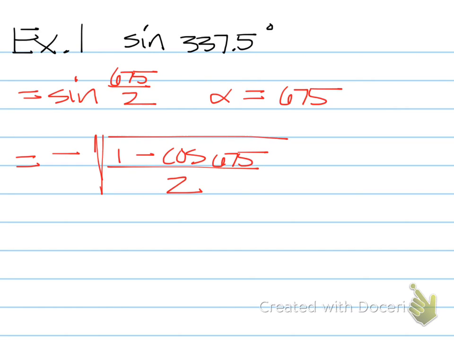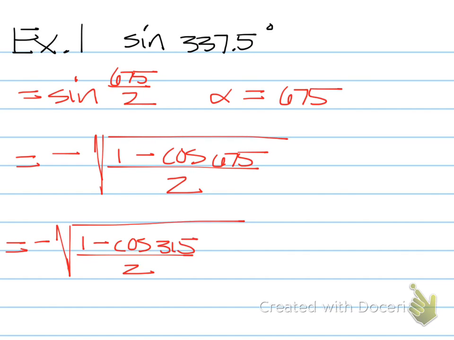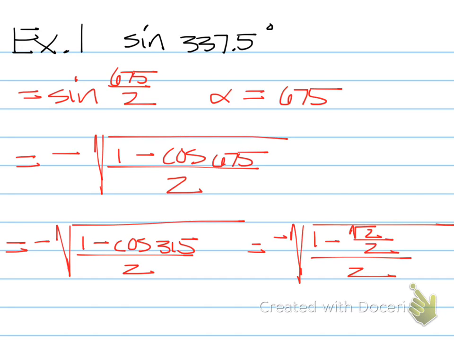Plug in 675 for alpha. Cosine of 675 is the same thing as cosine of 315. We just subtracted 360 from the 675 to get 315. And cosine of 315 is the square root of 2 over 2.